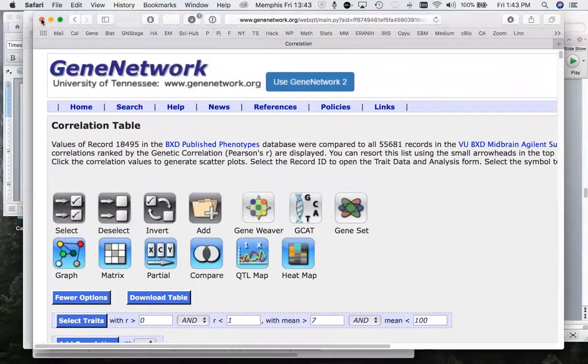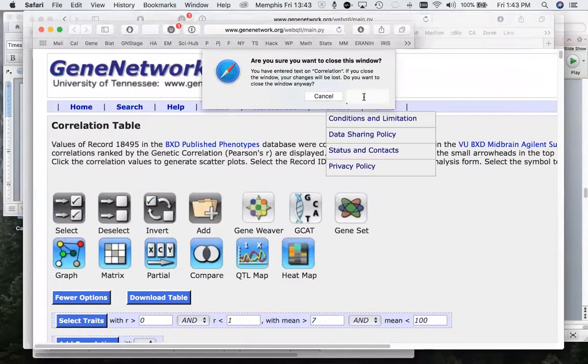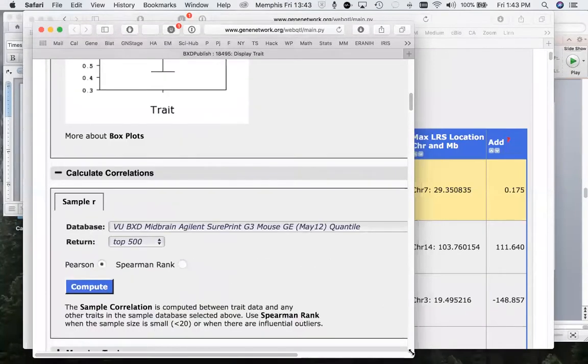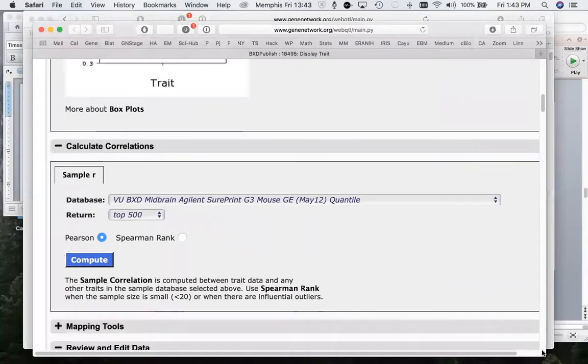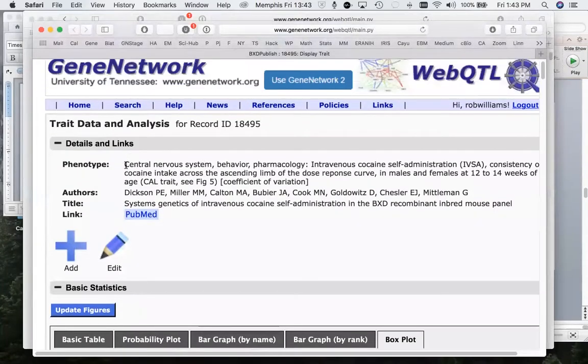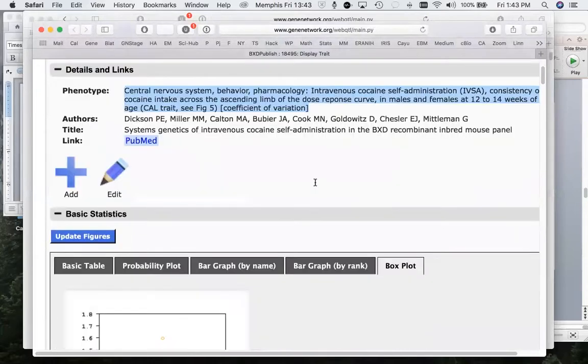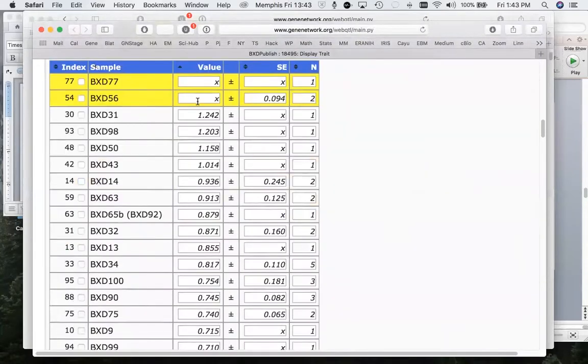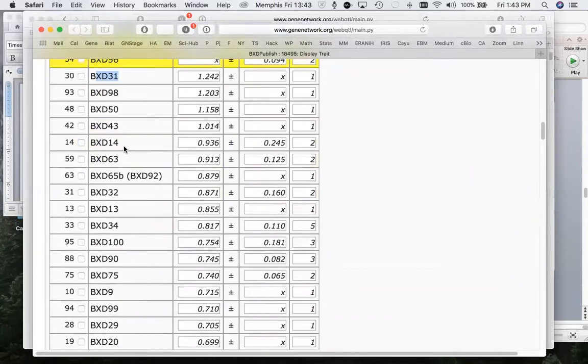But that gives you an idea of how we can, so what are we doing here? I mentioned we've got up here at the very top, we had all these phenotypes. And the reason I can compute a correlation is because all of these strains of mice have now been used for over 40 years by many investigators.